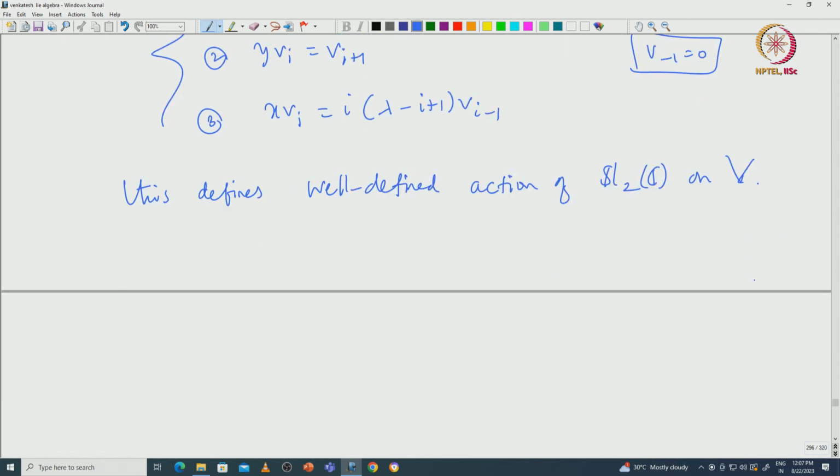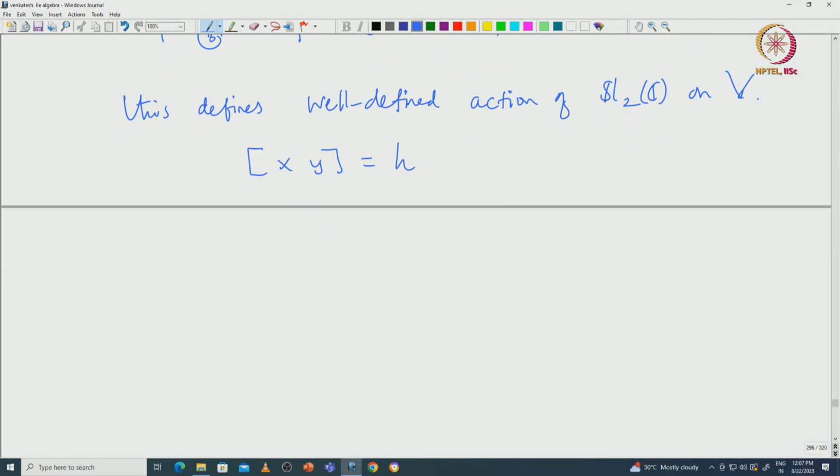We have to check that if you take the commutators of these corresponding elements, for example, if you take the bracket X Y, then you should be able to get H. That is the thing you have to check. For example, you can easily see this if you fix the basis to be V naught, V 1, etc., V R.